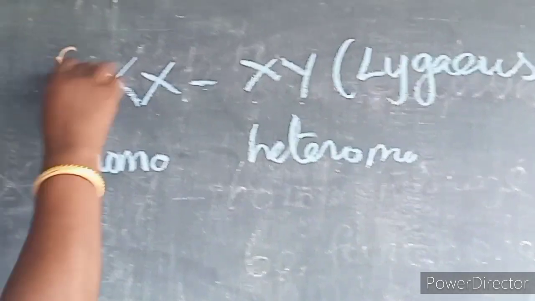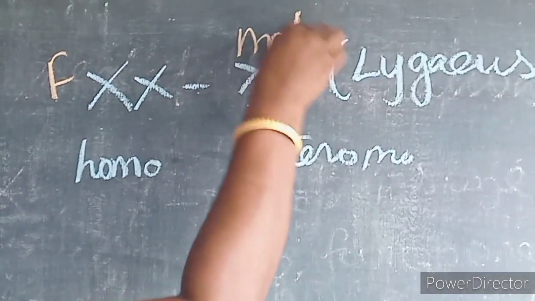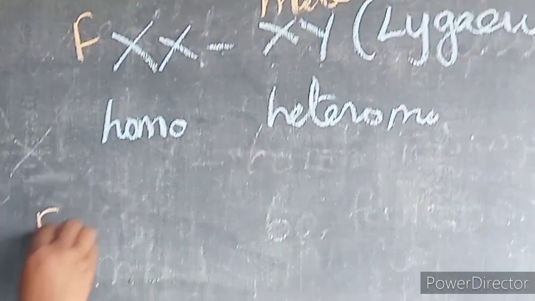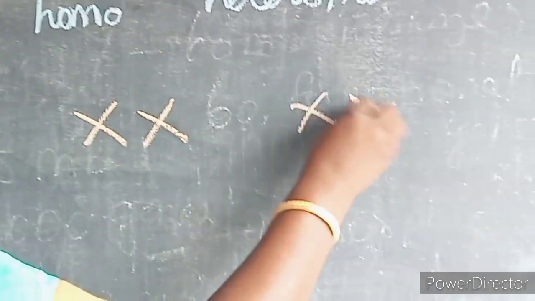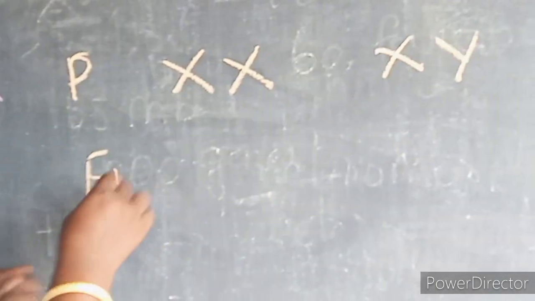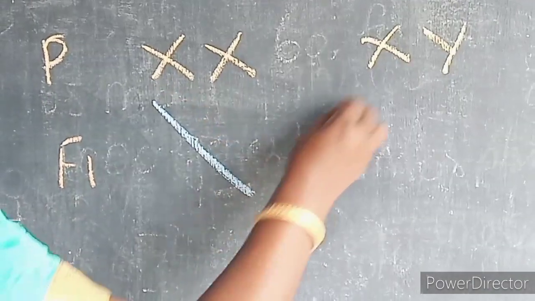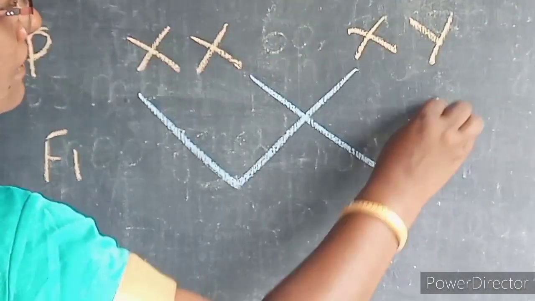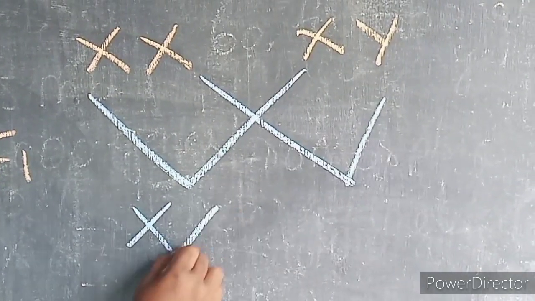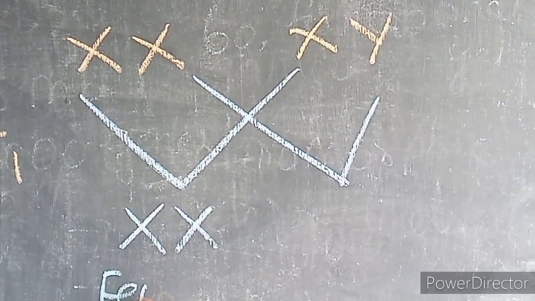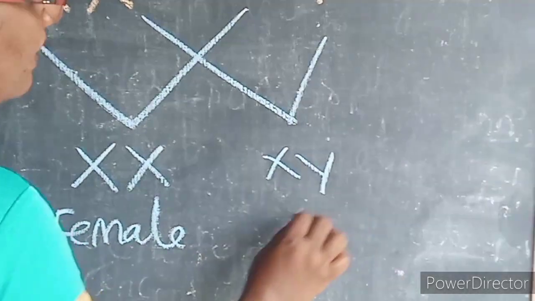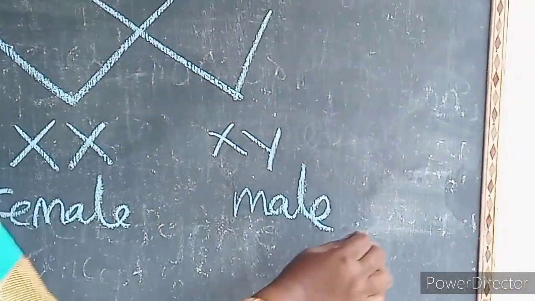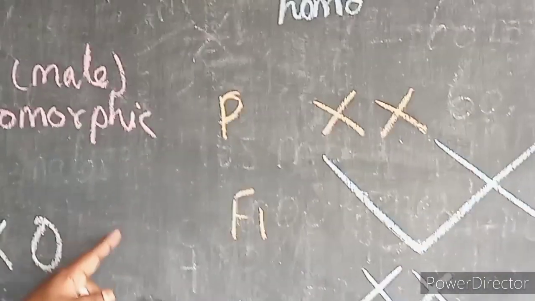So it is a female, and here it is a male. So here in the checkerboard, parent X X, then X Y. So in the F1 generation, XX represents the female, then XY represents the male. So here always the males are the heterogametic.